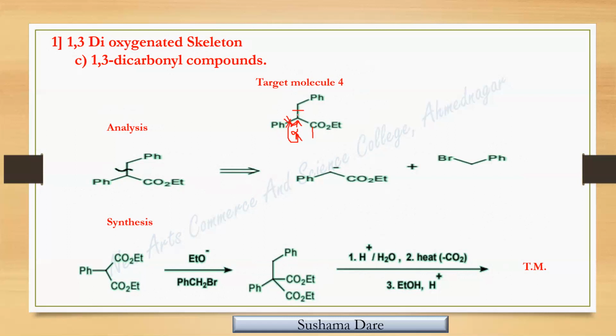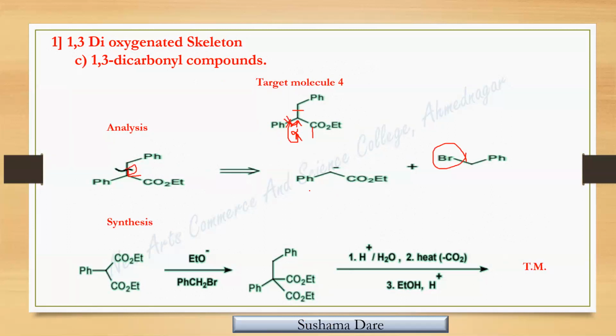The remaining disconnection is the best one, in the direction of this alpha carbon. So what does it give? PhCH minus COOEt and PhCH2 plus. For the plus, just place the leaving group, that is Br. Br is the best leaving group.